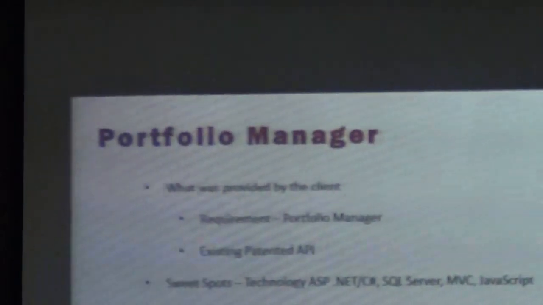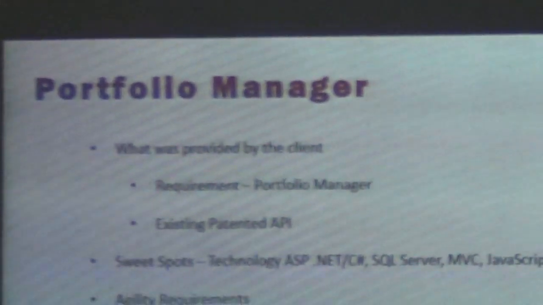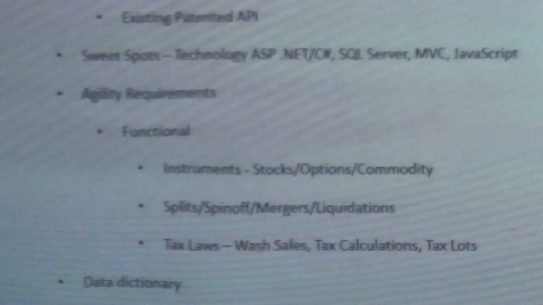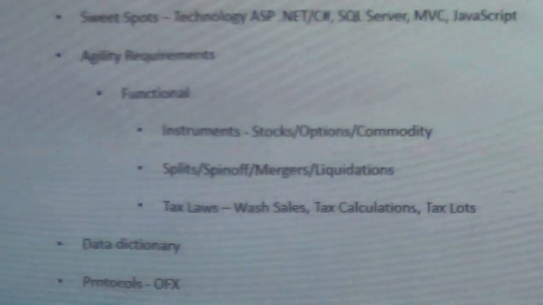Technology was a sweet spot here, because they said, we don't care in which technology you build it. So we chose ASP.NET, C#, SQL, whatever we were strong in and had resources for. But the agility requirements came on the functional side.